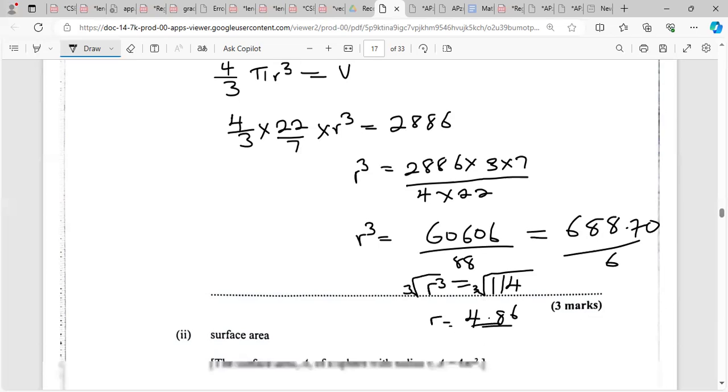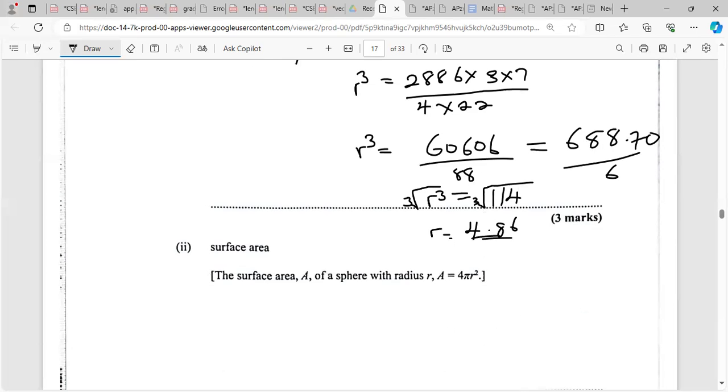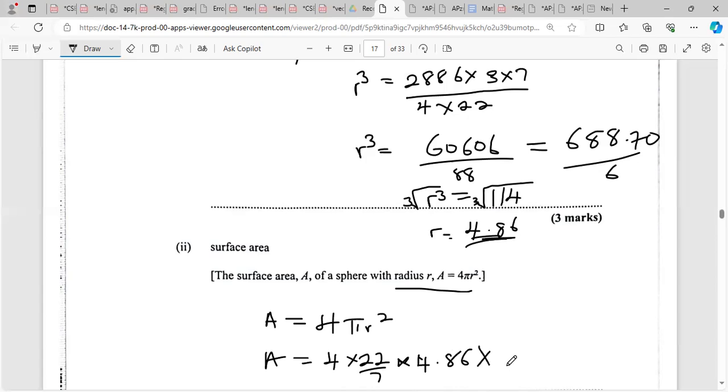Not bad. Alright, let's say the surface area. The surface area of the sphere is A equals 4 pi r squared. So we get the radius. I'm going to assume that this is the radius we're supposed to use. 4 times 22 over 7 times the radius, which is 4.86 squared, 4.86 times 4.86.